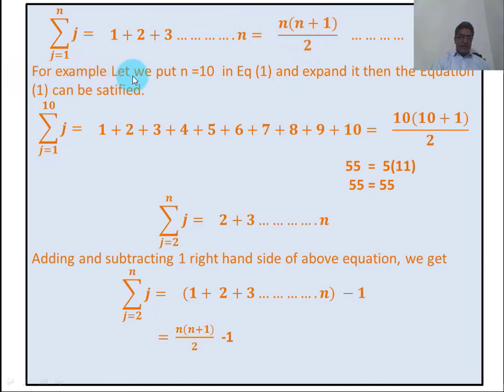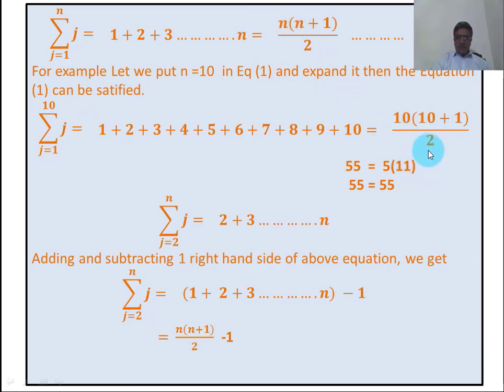For example, let us put n equal to 10. Then the series becomes sigma j equal to 1 to 10 of j, and the formula becomes 10 into 10 plus 1 divided by 2.